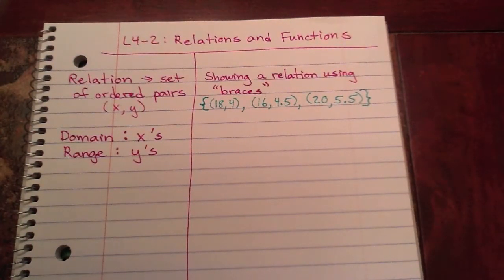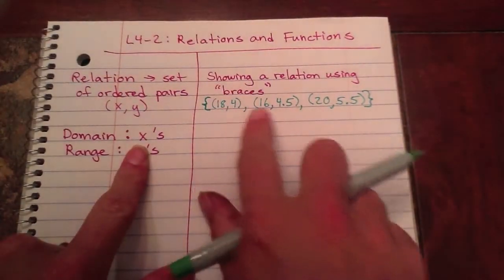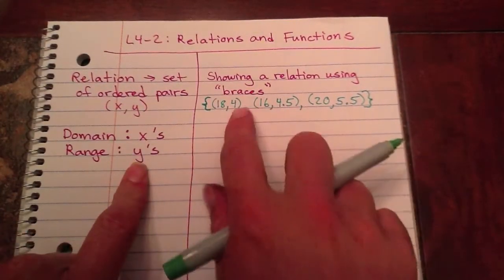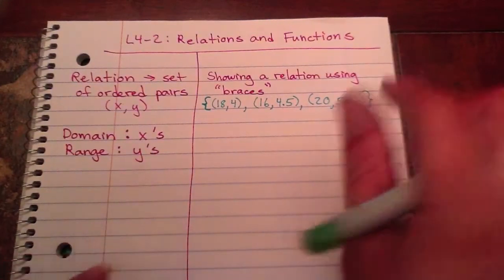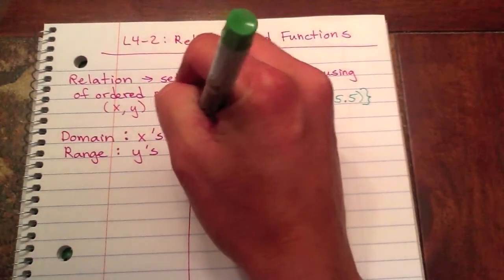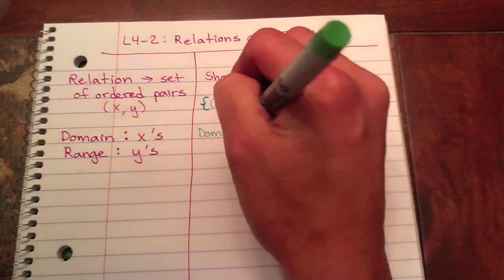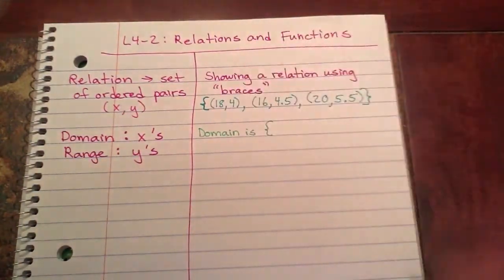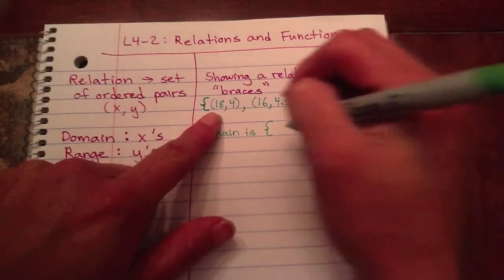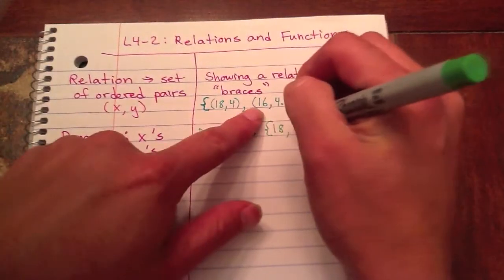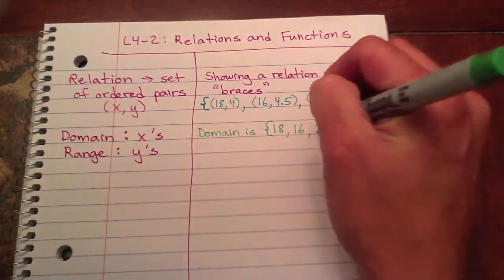They're going to ask you to find the domain and the range of some of these. So all you do is look at your x values for your domain, your y values for your range. And you write them like this. So my domain is, and then you just write them in, 18, 16, 20.